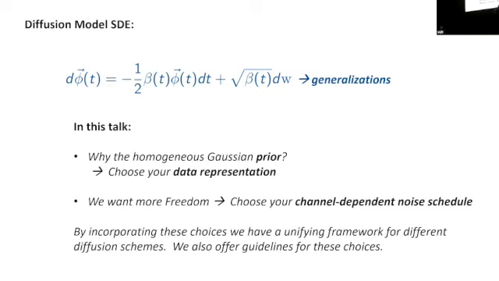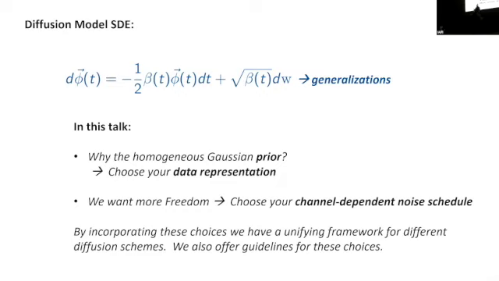We will also advocate that we should generalize this a little bit, or actually a lot. We should choose a channel-dependent noising schedule, and then we will explain the reason for that.